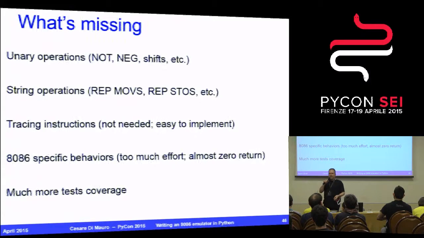As I said before, I don't need the perfect emulation. I need only an emulator which executes real code well. And what I miss is some more test coverage, for example, for the ModR/M bytes, which currently just tests some stuff. So I need to put something on that side also.